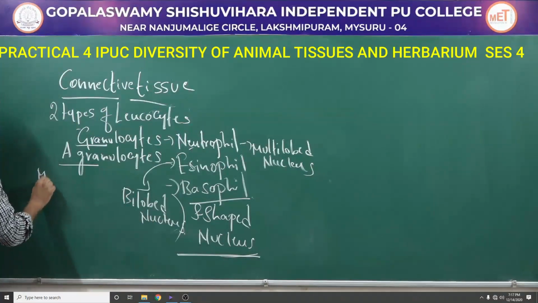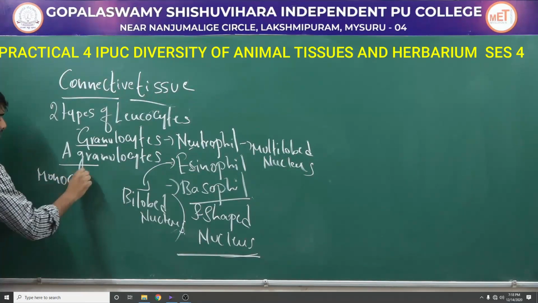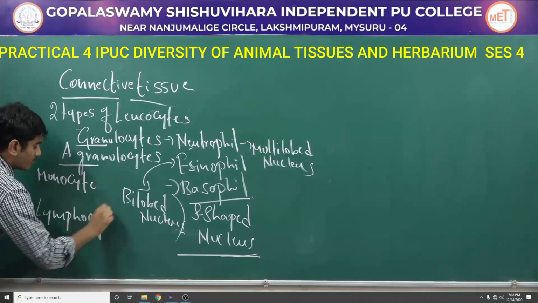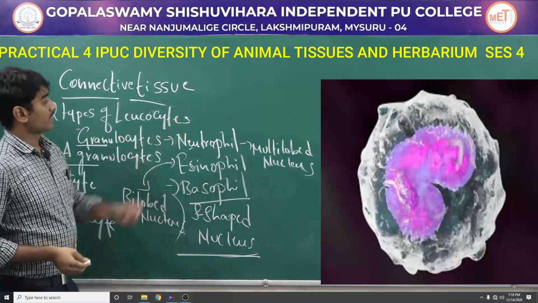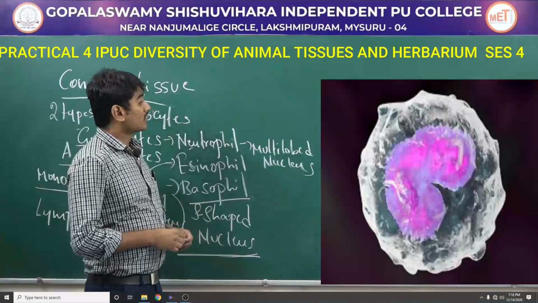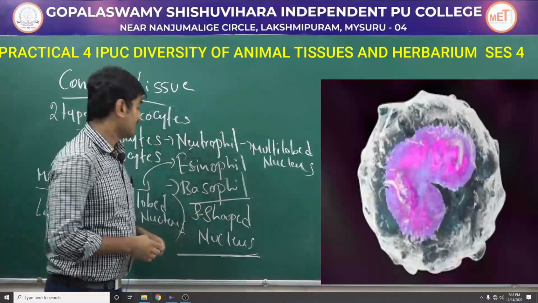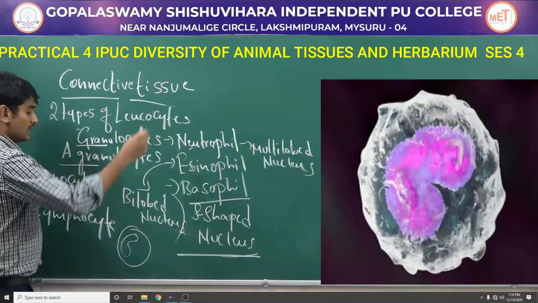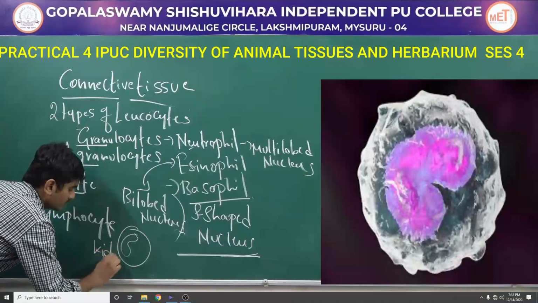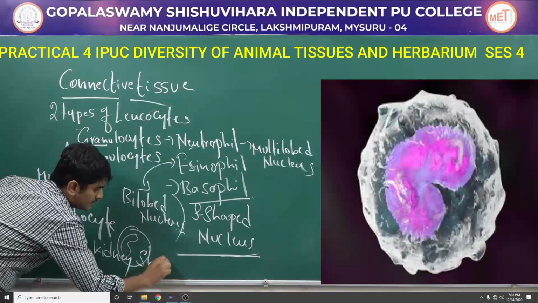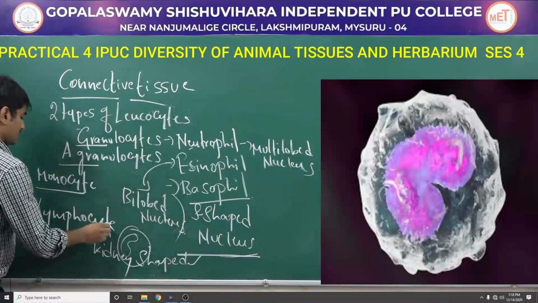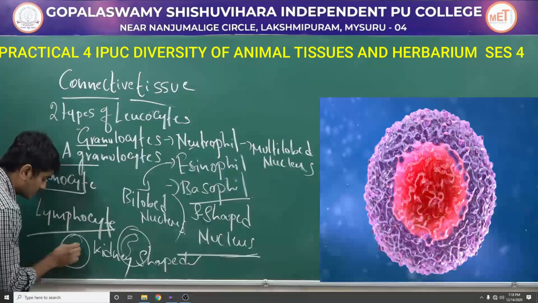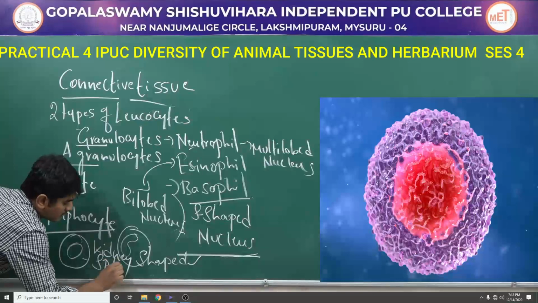On the right side we can observe the agranulocytes: the monocyte showing a kidney-shaped nucleus, and the lymphocyte showing a spherical-shaped nucleus.